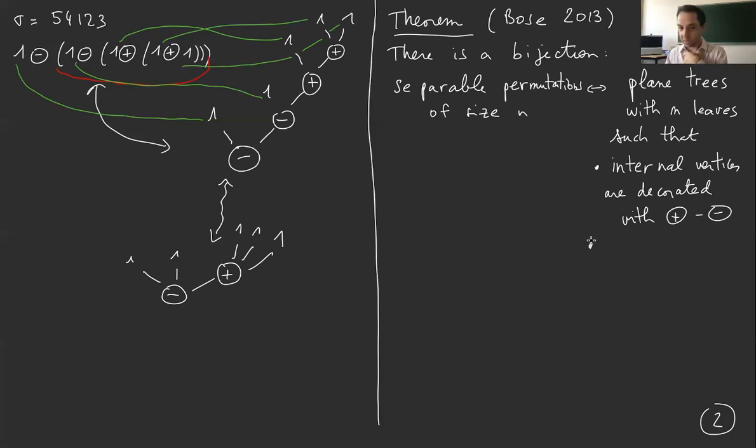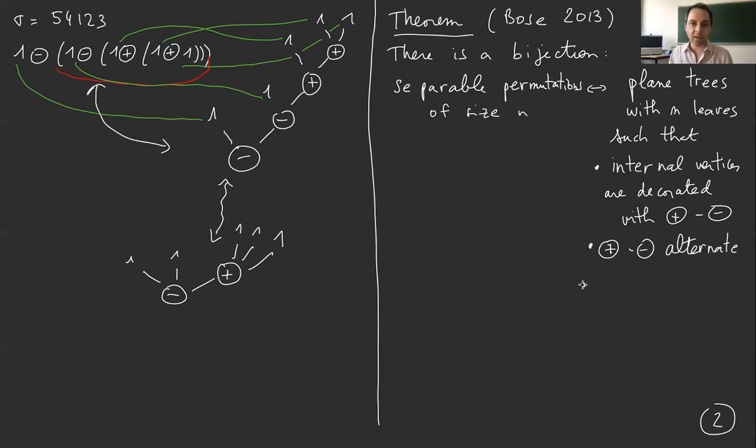If we want the encoding to be unique, we impose that we never have two neighboring pluses or minuses. So in short, pluses and minuses alternate along each branch of the tree.